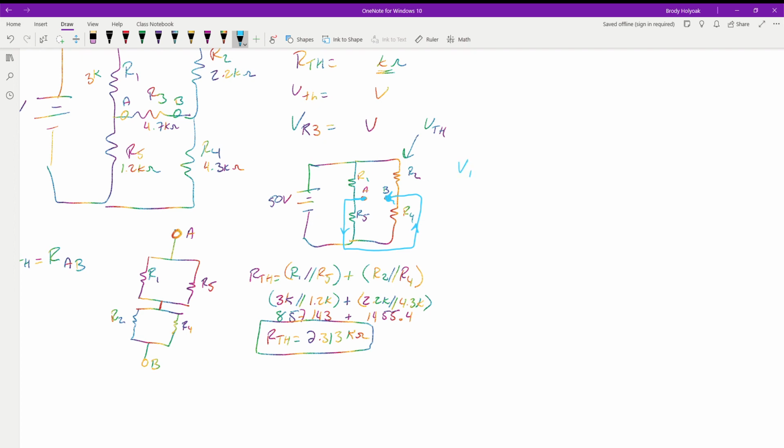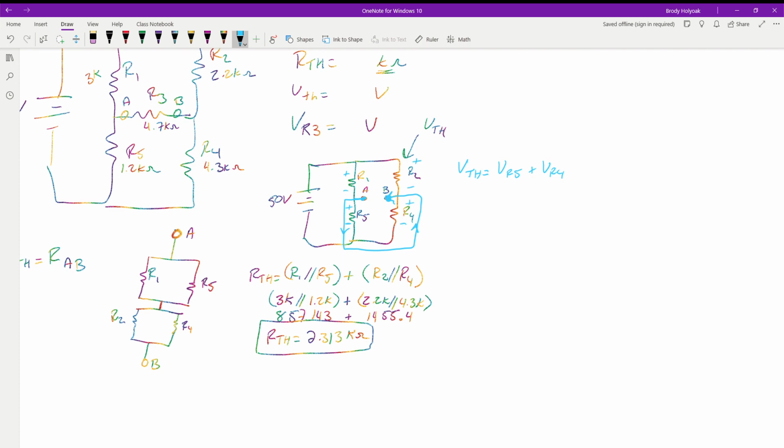So my V Thevenin is going to be equal to the voltage drop of R5 plus the voltage drop of R4. Well, now we have to look and see what the polarities are. Current flowing from the positive to the negative is going to charge this one positive, this one negative, this one positive, this one negative, and then R2 is going to charge in the same polarities.